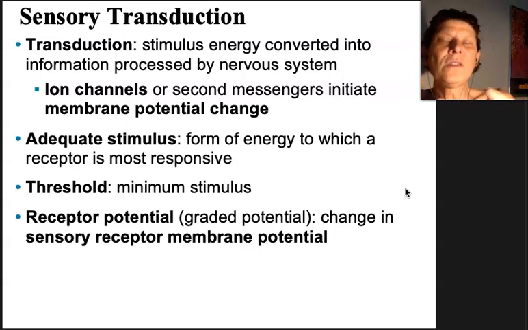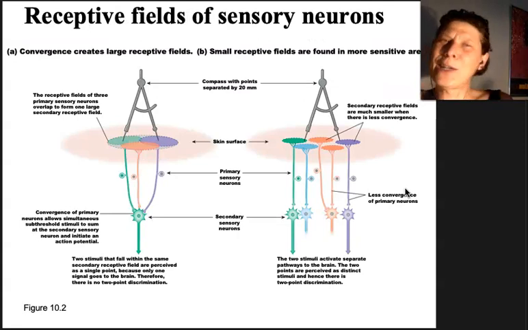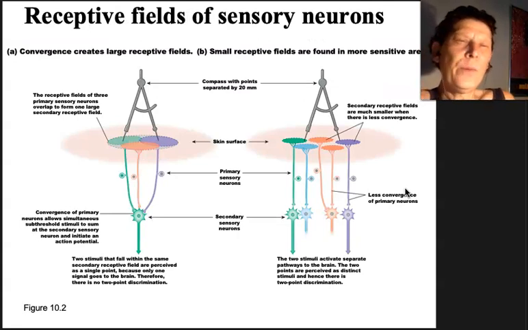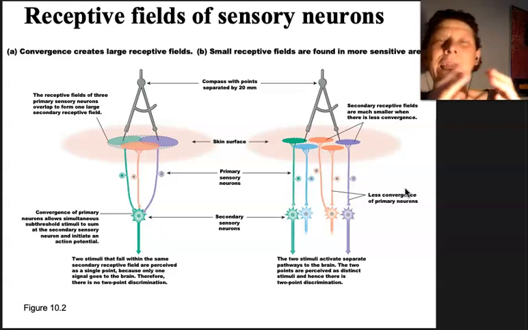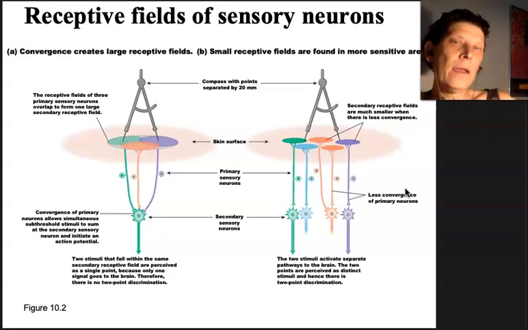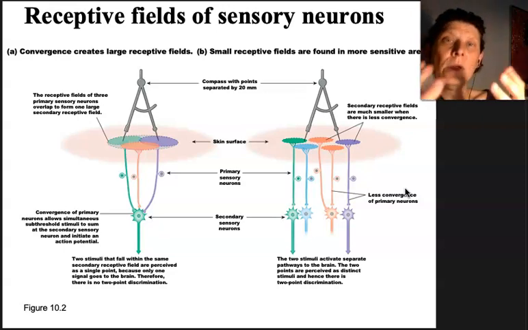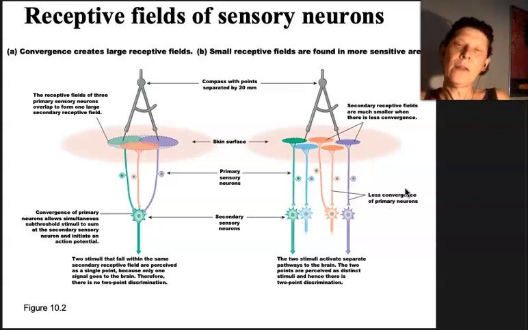The change in the sensory receptor membrane potential is exactly what a receptor potential is, and that can lead to an action potential. Now, what we have here is a little bit of a dynamic of how the receptor is located in a particular area and what it responds to, how it responds to, and how it connects to neurons.